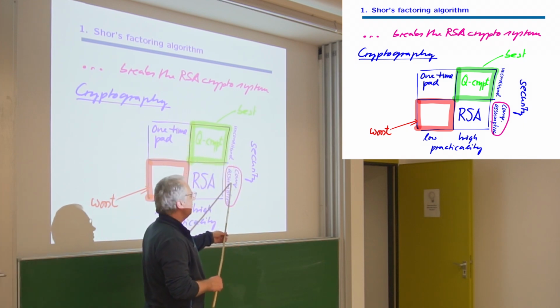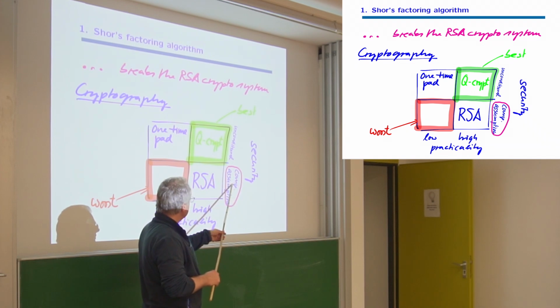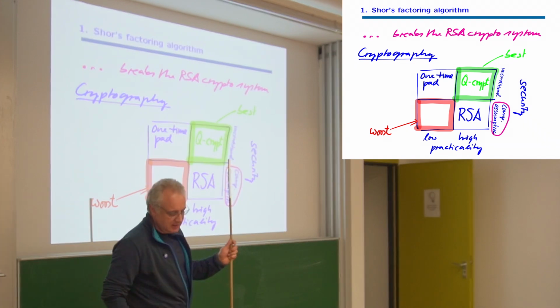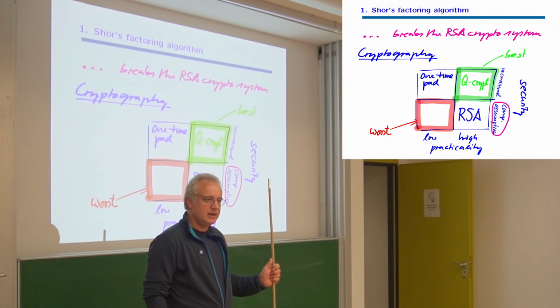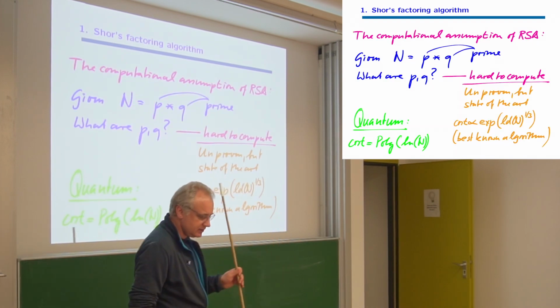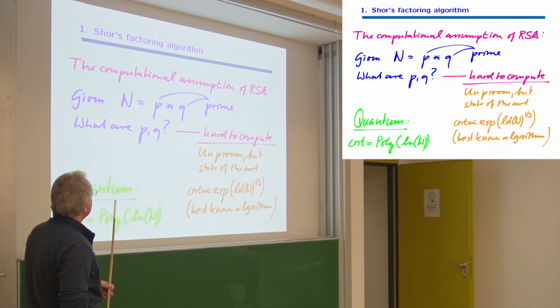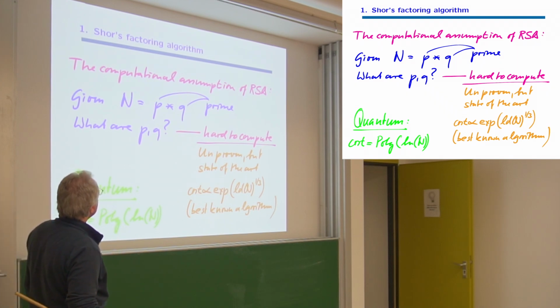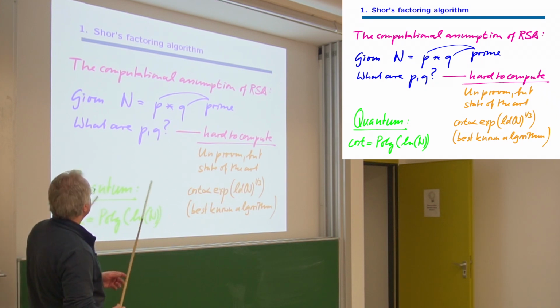We know that this computational assumption that provides for the security of RSA breaks in the presence of a quantum computer. Let's talk a little bit about that protocol before we talk about Shor's algorithm. Here comes the computational assumption of RSA.